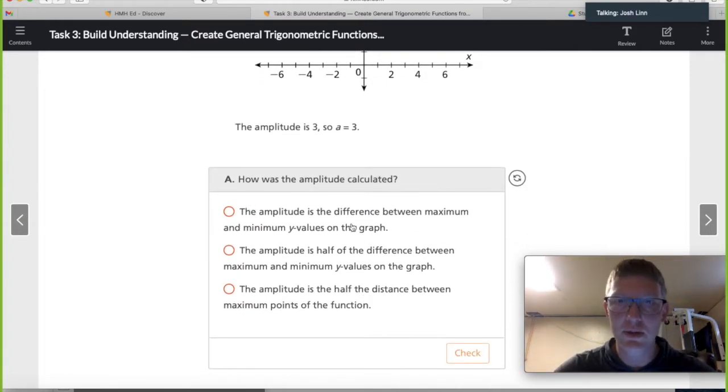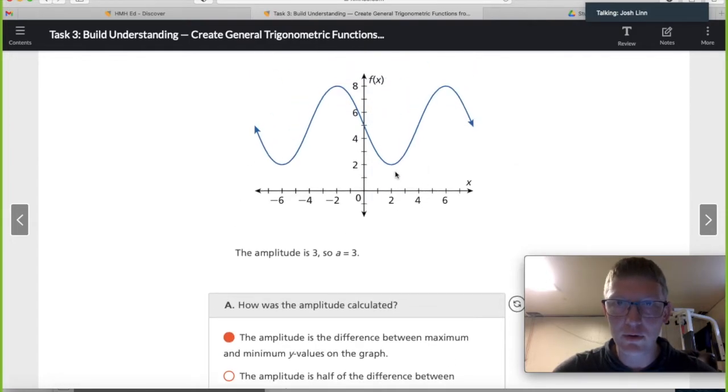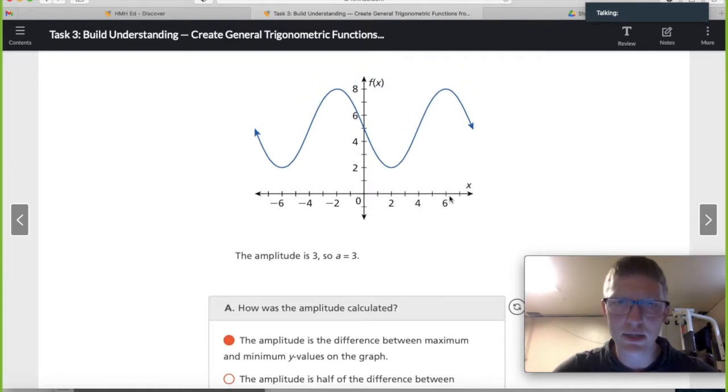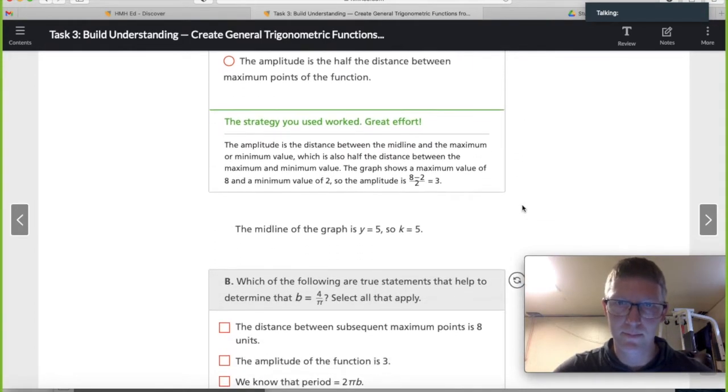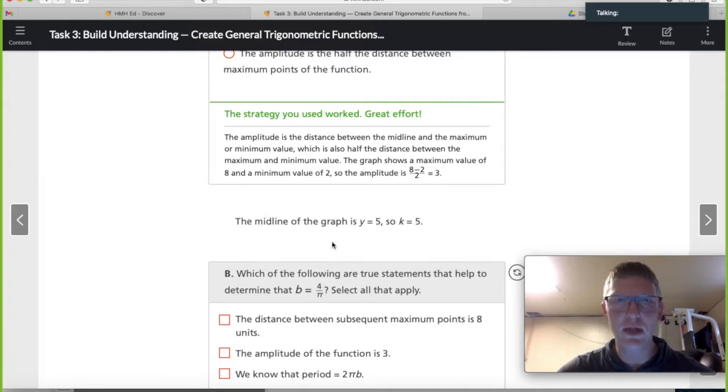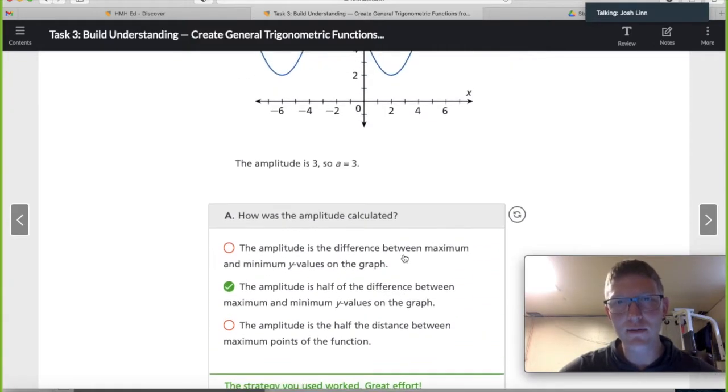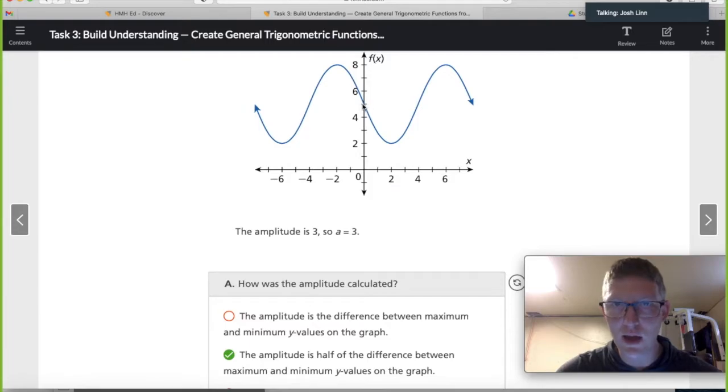The amplitude is the difference between maximum and minimum. You could also take this number and find the difference from that number. So in this case, you could do 8 minus 2 divided by 2. So the amplitude is half of the difference. So the midline of the graph is y equals 5. That's kind of what we were looking at right there.